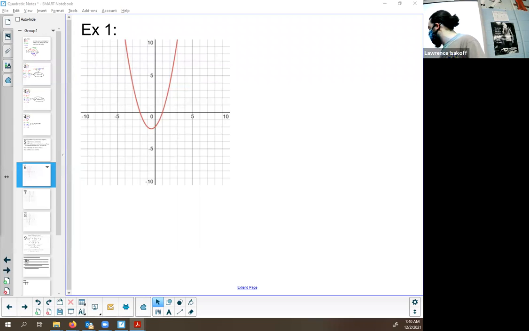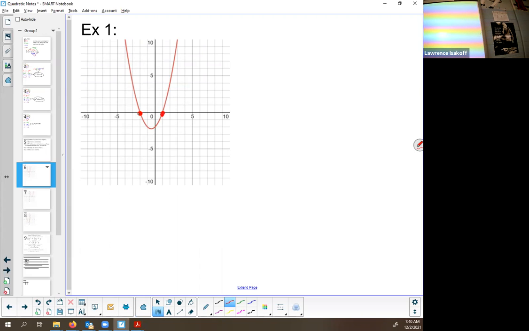I know my projector is just not the best here. So right away, I want to identify the zeros. So this is step one. My zeros here are -2 and +1.